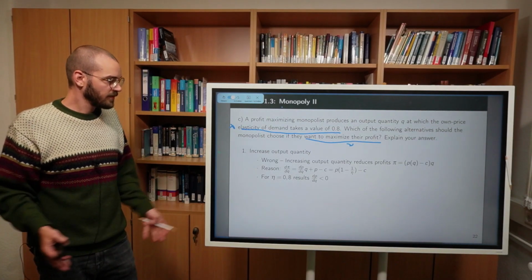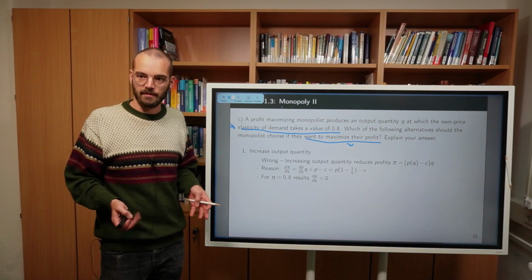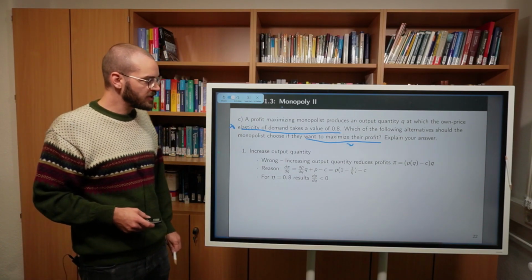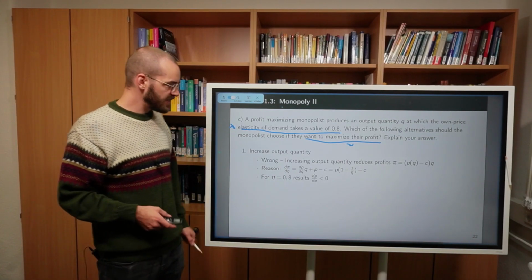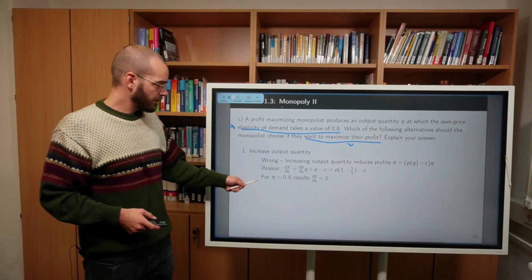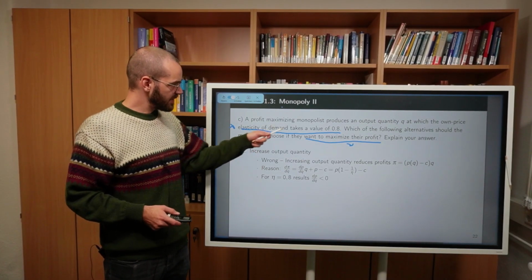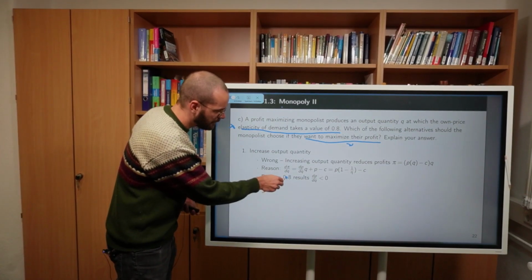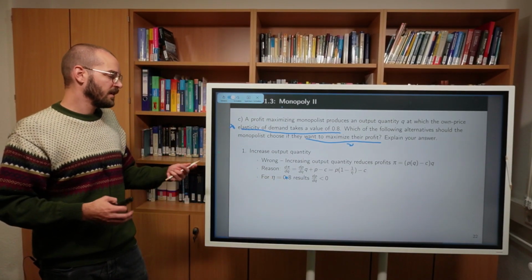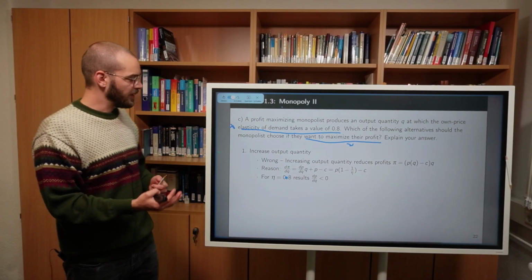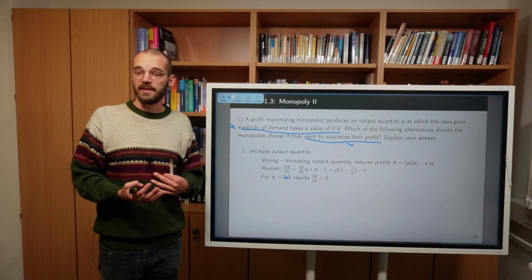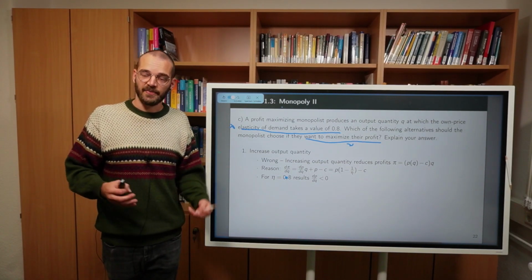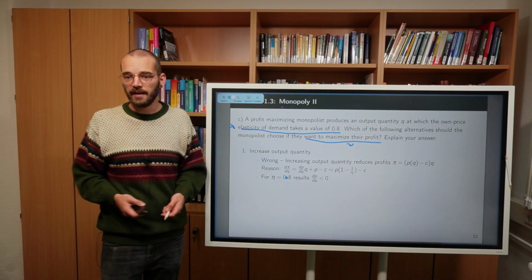The answer is he shouldn't, right? This proposition is wrong. Increasing the output quantity reduces profits in this scenario. The reason being that for this specific value of the own price elasticity, we know that the reduction in prices the monopolist will need to face for an increased demand quantity is smaller and outweighing.